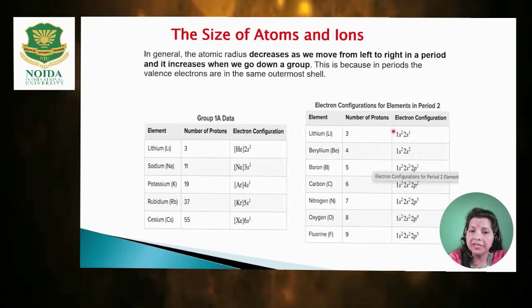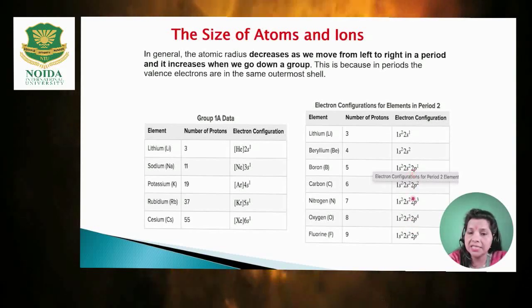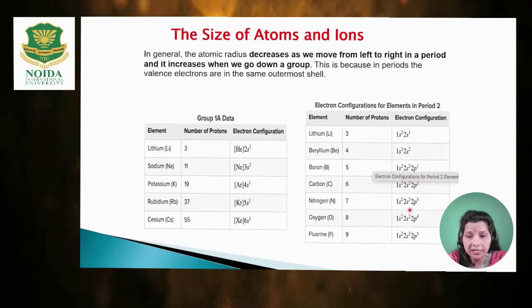And whenever you are moving left to right in a periodic table, it is 2s1, then 2s2, 2p1, 2p2, 2p3, 2p4, 2p5, meaning the extra electron is coming inside the same shell. It is the second shell only. As the number of electrons increases, the number of protons is also increasing, which increases the force of attraction between the nucleus and the electron.